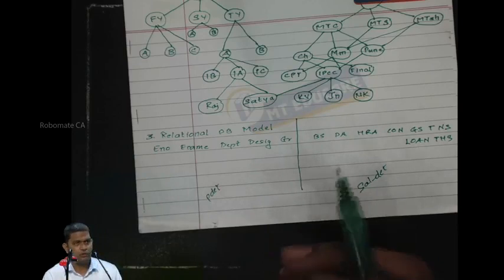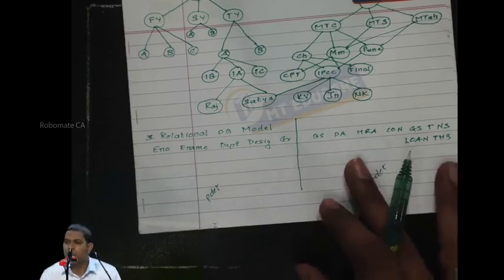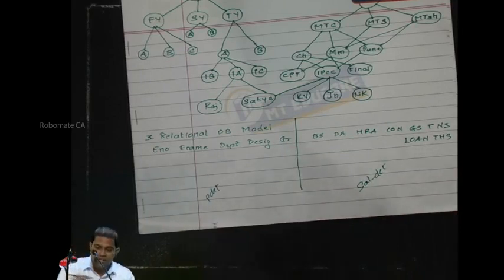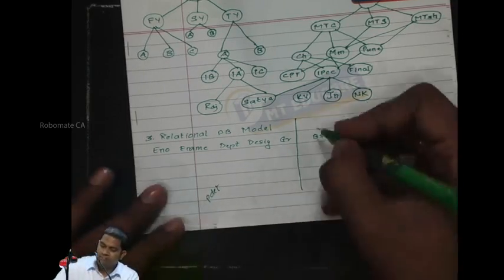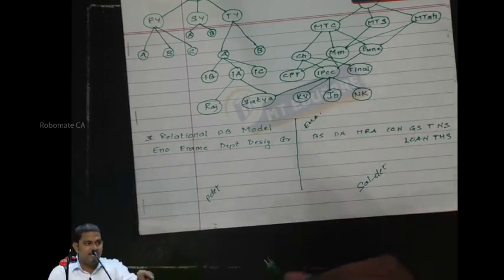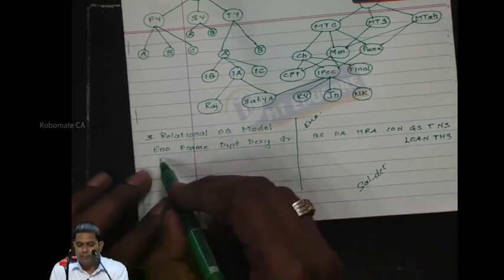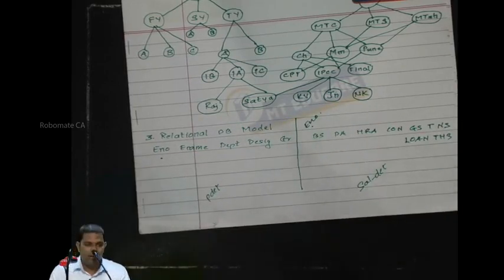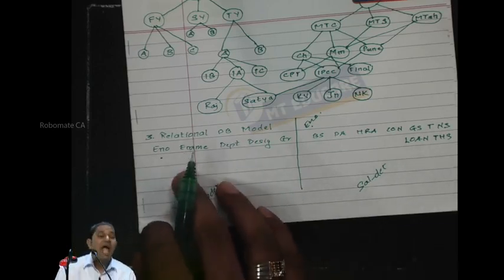A person like Raj who wants to calculate the salary will be accessing only this particular table. This is not required. But there is a need for linking. So we will have ENO, employee number, which is the primary key, and we can link this employee number with this employee number. So we need not access one full table. We can access only one table at a given point of time.